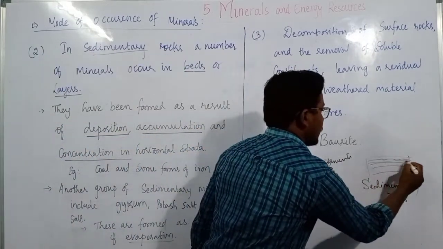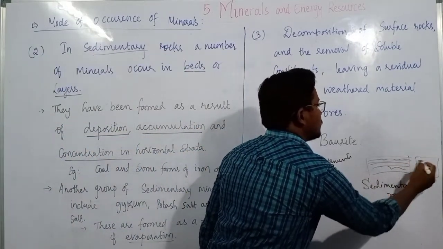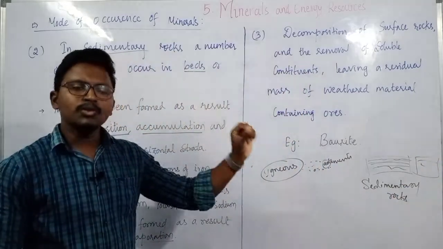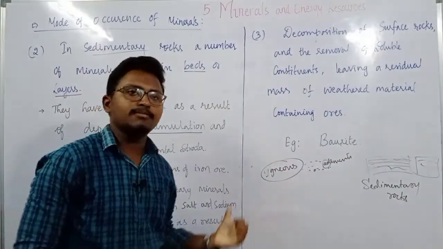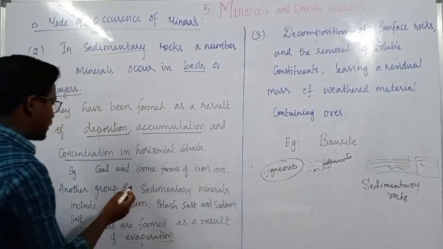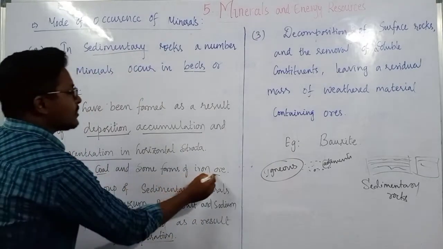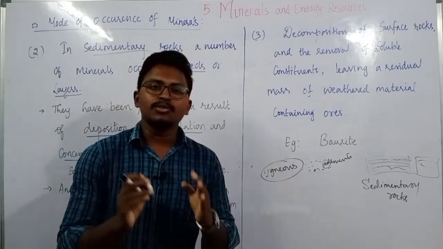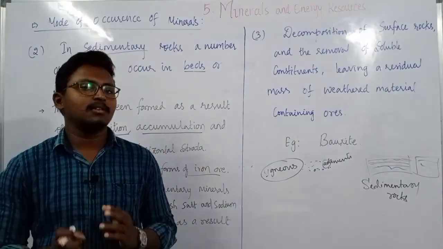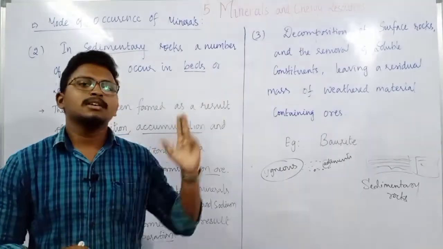Those minerals formed in this manner are minerals such as coal and some forms of iron ore. So the second mode of occurrence of minerals is mainly in these sedimentary rocks.